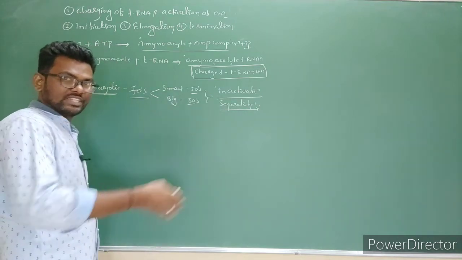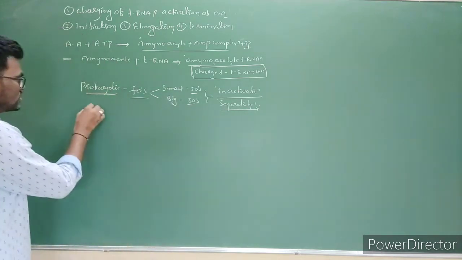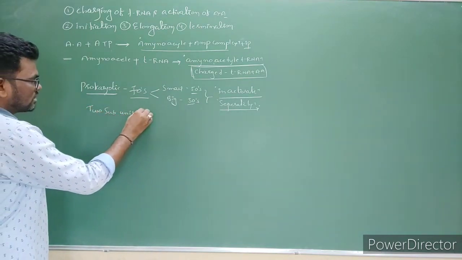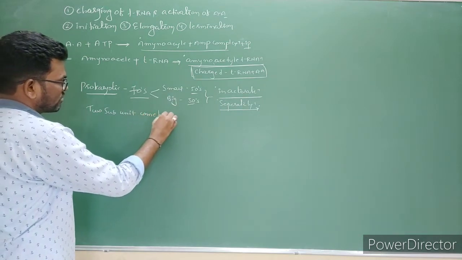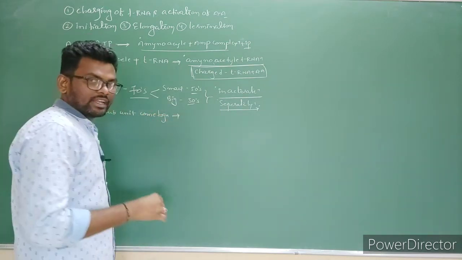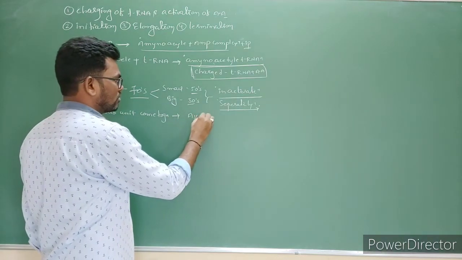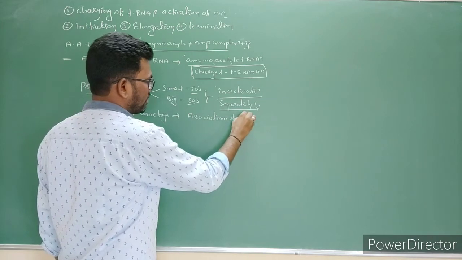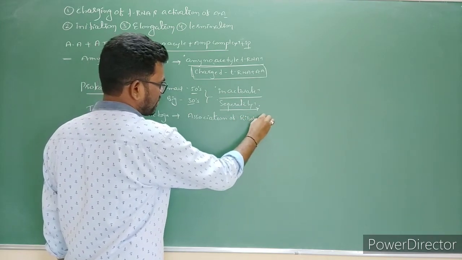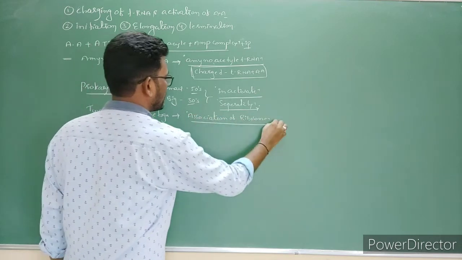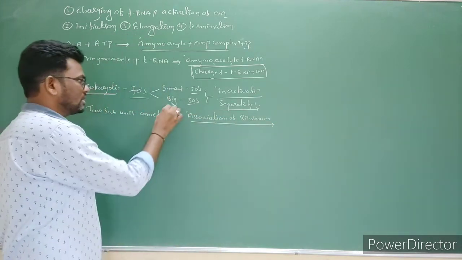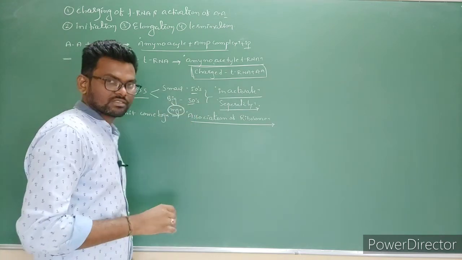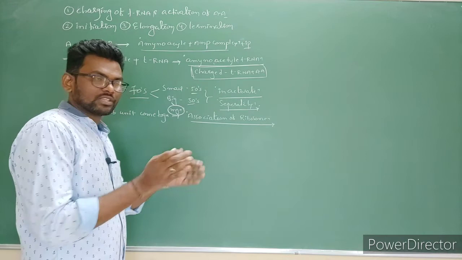When protein synthesis is initiated, what happens? These 2 subunits come together. This is called association of ribosome. For that, magnesium activates the ribosome surfaces before the association.